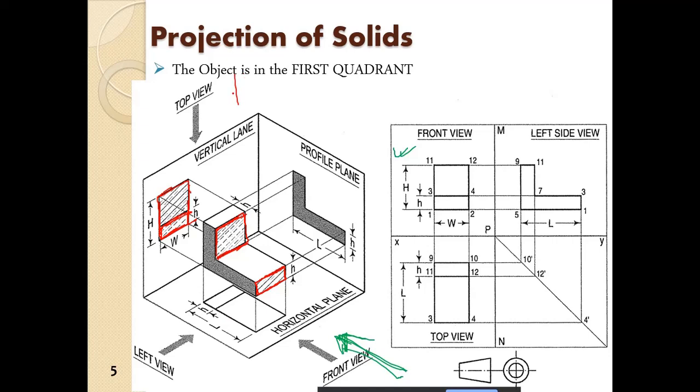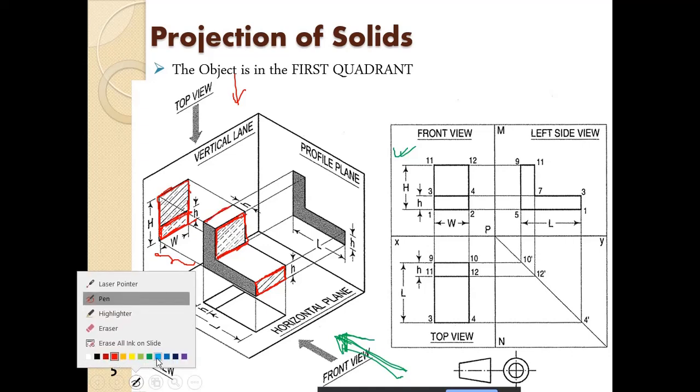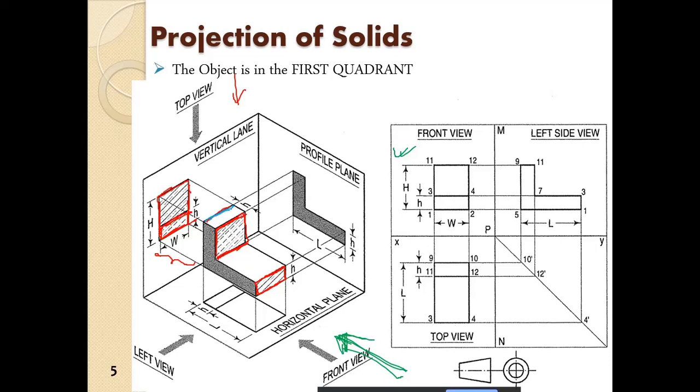Again, when you see from the top, at a particular distance, you will see first of all this surface over here, so that is being projected on the horizontal plane, and you will see this surface. So that is projected on the horizontal plane. So this is the top view. The top view is always at the bottom here.